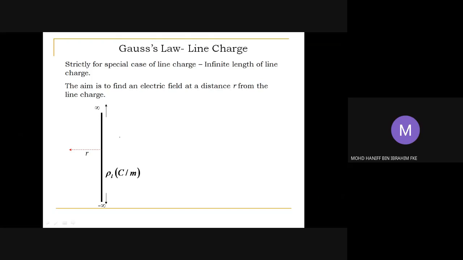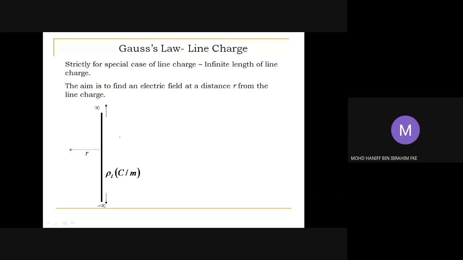in which we have learned that there are two methods, two ways of calculating the E field intensity for the case of line charge, in which we have a case of finite length, and then we have infinite length of line charge, in which we have learned that the Coulomb's law can be applied in calculating both conditions.